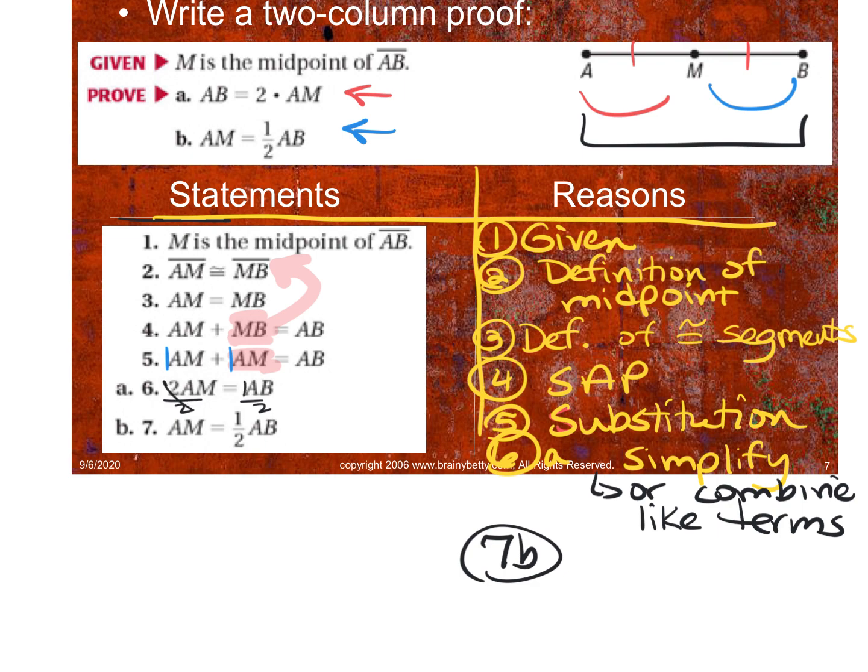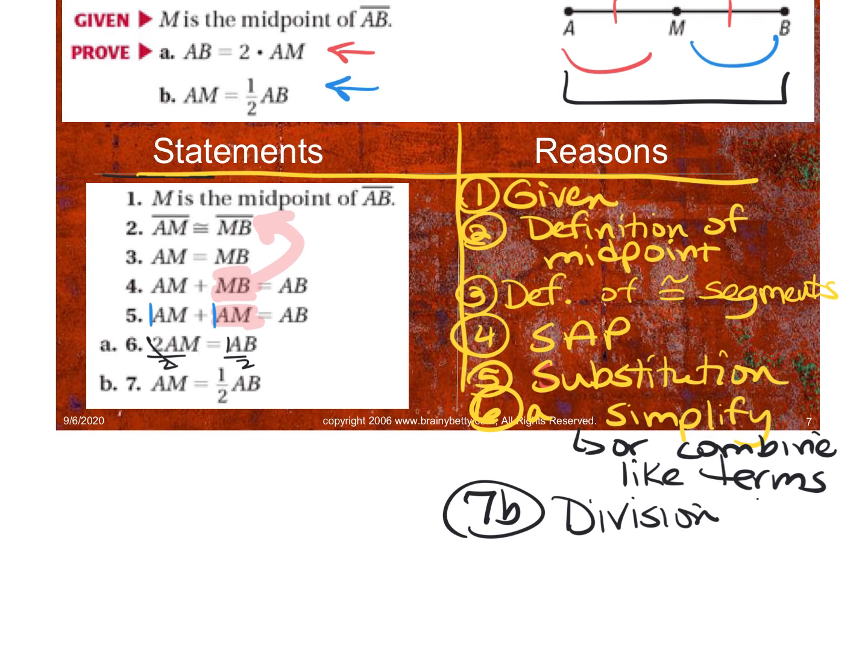Now, you could also have thought of it as multiplying by the reciprocal, but technically it is the division property of equality. Or probably Big Ideas would look for division here. However, I would also accept multiplication if you want to think of this as multiplying by the reciprocal.